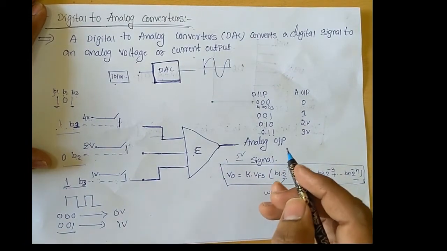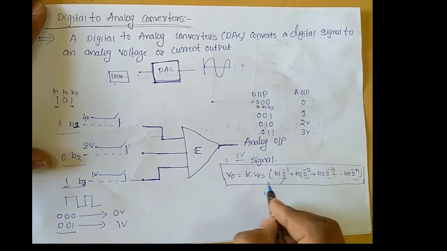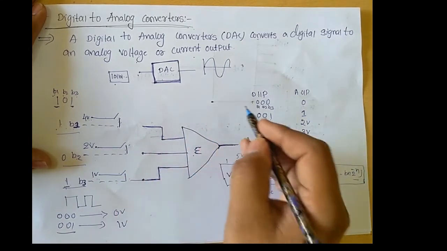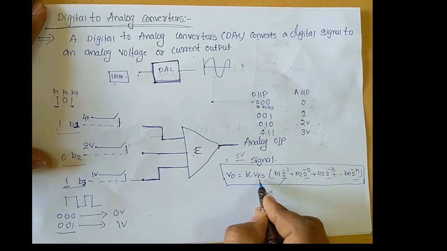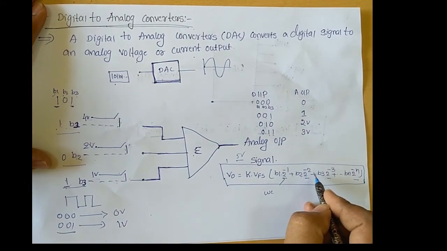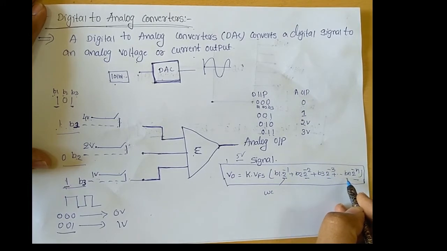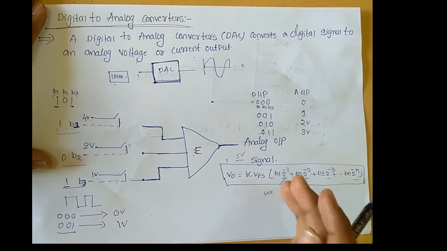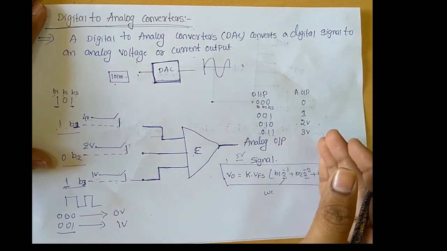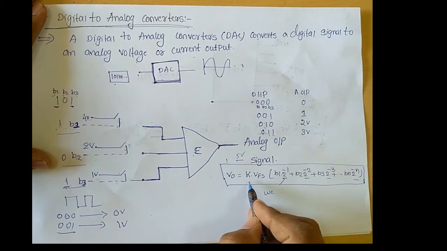With respect to the weighted resistors, the overall output voltage expression of this digital to analog converter is V naught equal to K into VFS of B1 2 power minus 1 plus B2 2 power minus 2 plus B3 2 power minus 3 plus Bn 2 power minus n. In this way we convert the signal from digital format to analog format, and here K is the ideal factor, and we always take this value as 1.